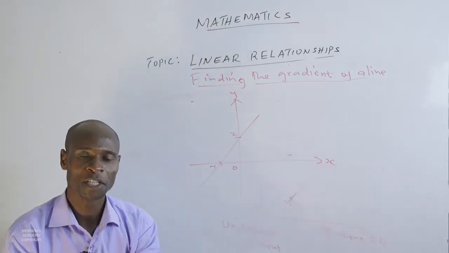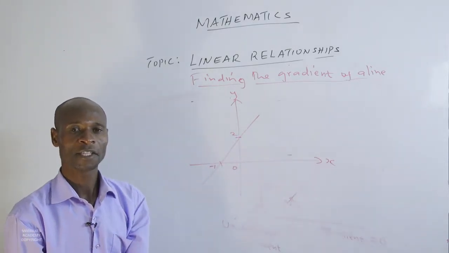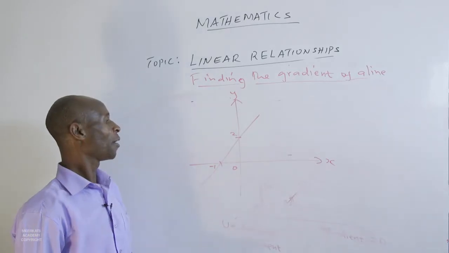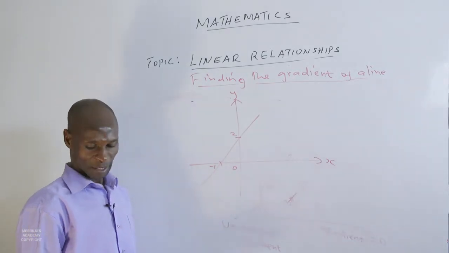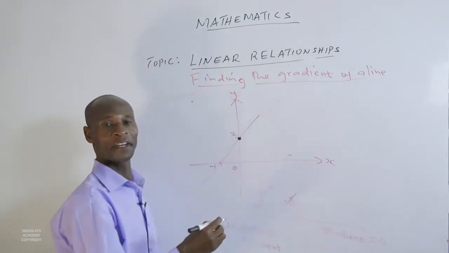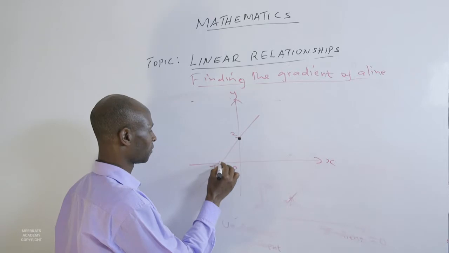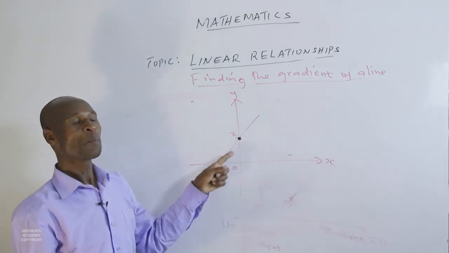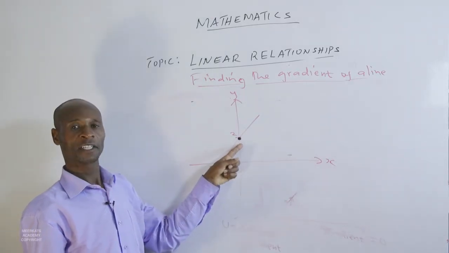The first step we need to do is to identify the points on that particular line. Identify any 2 points. So the 2 points here have been indicated using a dot.